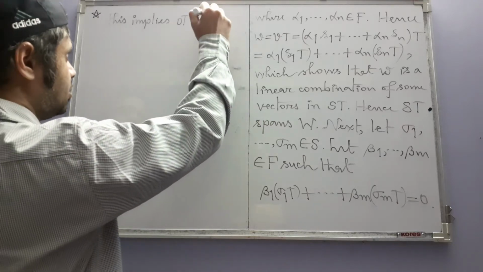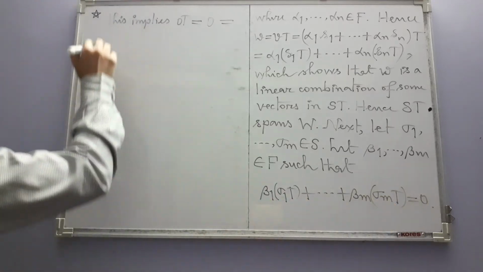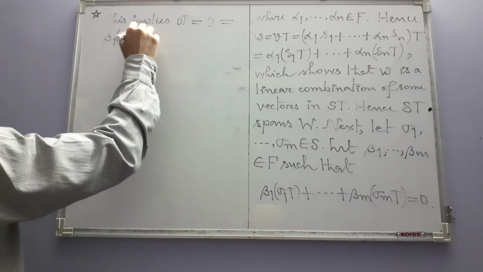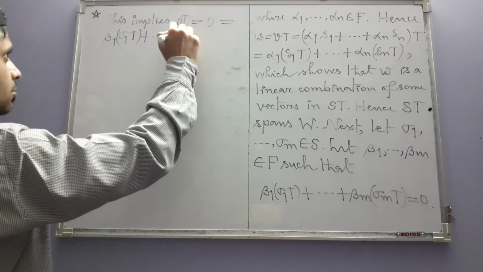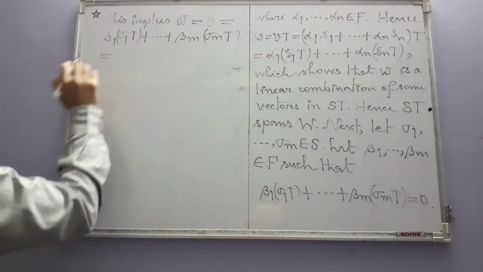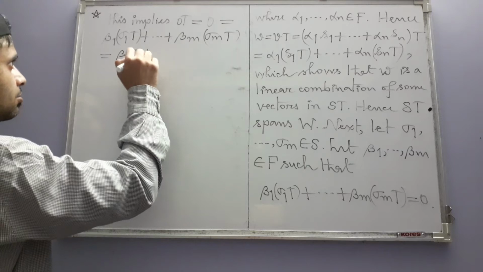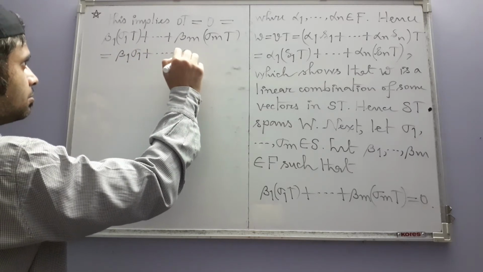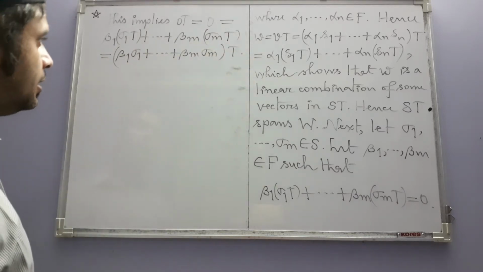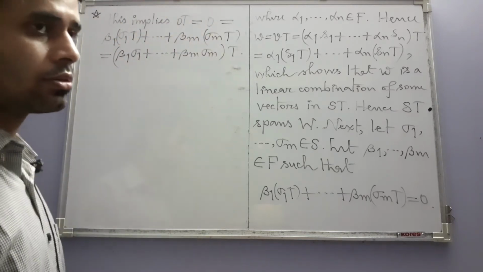This is the 0 vector in V and this is the 0 vector in W, and that 0 in W is equal to beta 1 sigma 1T etc. plus beta m sigma mT. Now, using the fact that T is a homomorphism, this can be written as beta 1 sigma 1 etc. beta m sigma m, all under T. So, the T images of 0 as well as this vector are both equal to 0.